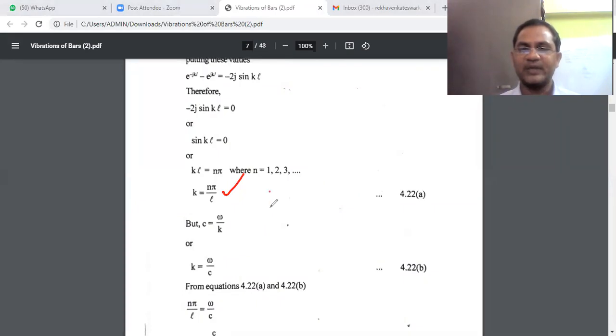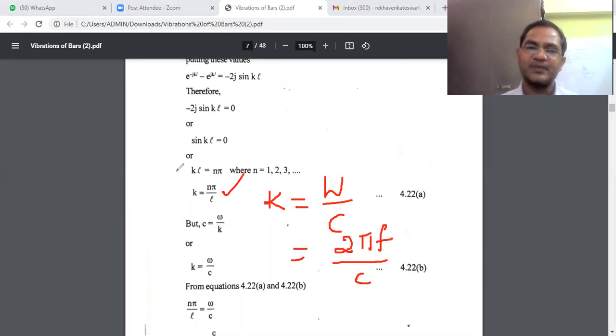But we know that the propagation constant k is related with the angular frequency omega as k equal to omega by c. But k is also equal to 2 pi times the normal frequency, 2 pi f by c. Substituting this value, k is equal to n pi by l, that is 2 pi f by c is equal to n pi by l.